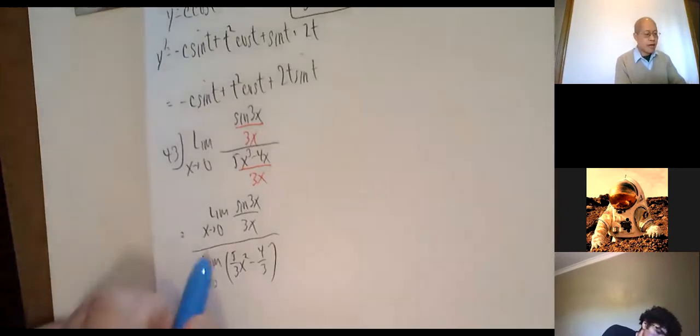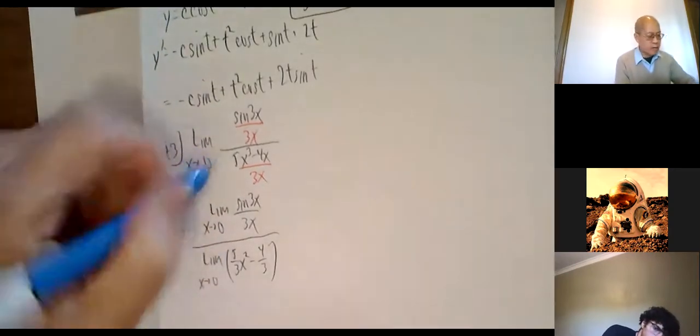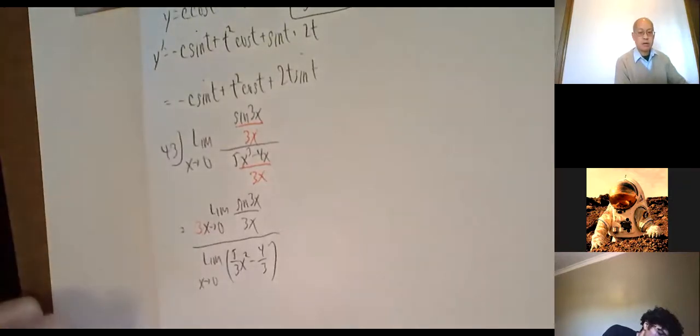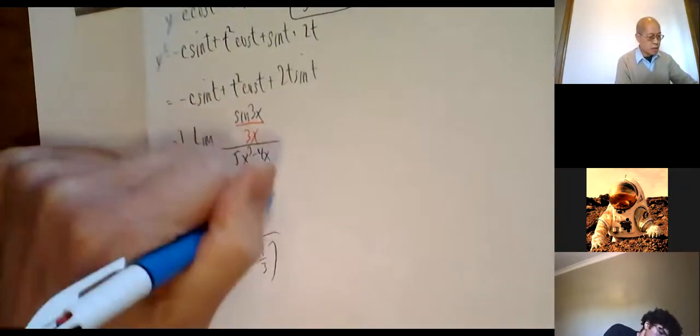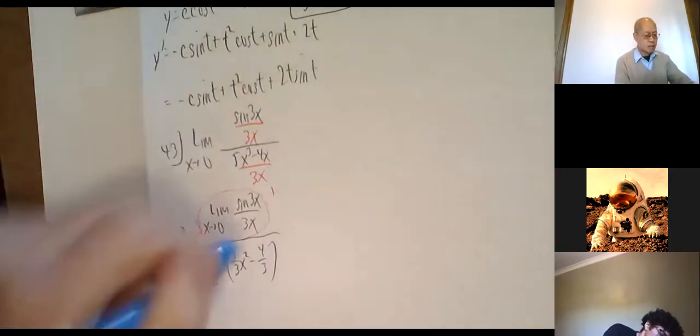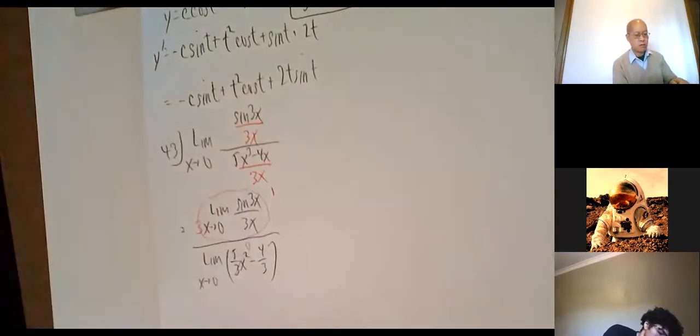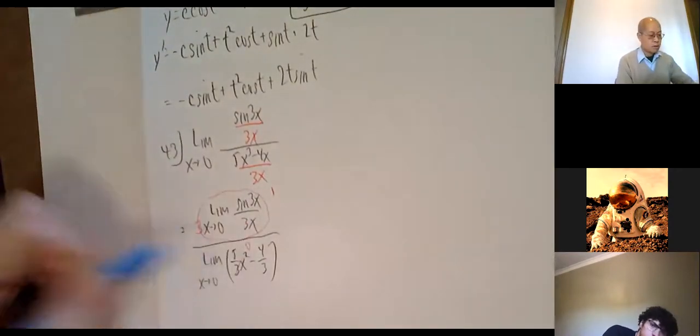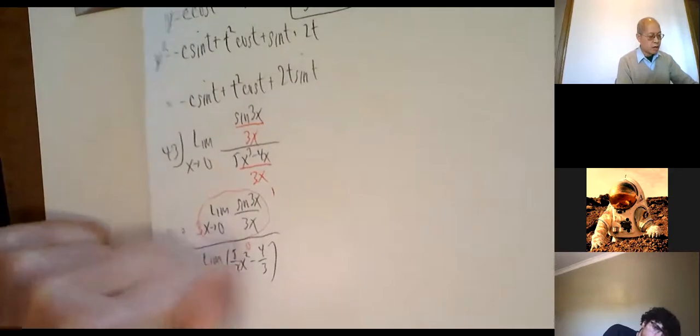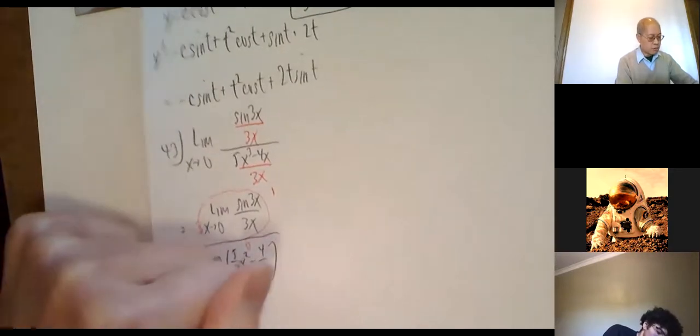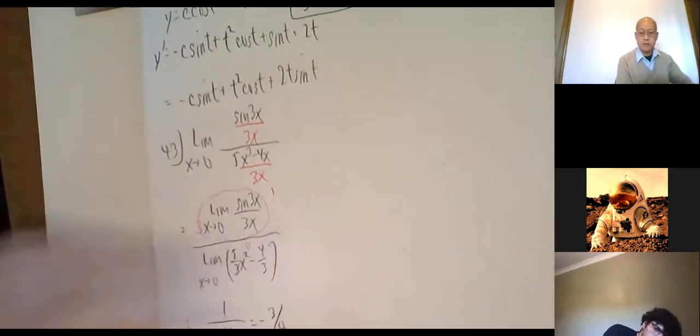And there we go. Again, as x approaches 0, so does 3x. Okay, so this whole thing is 1. This thing is 0. So it looks like I have 1 over negative 4/3, which is negative 3/4.